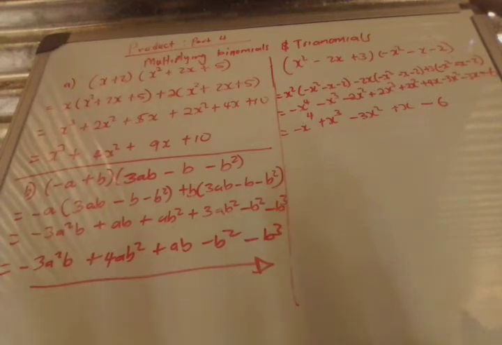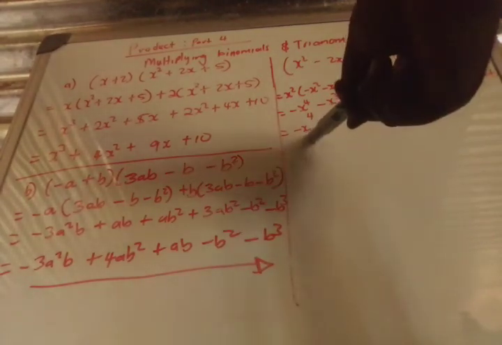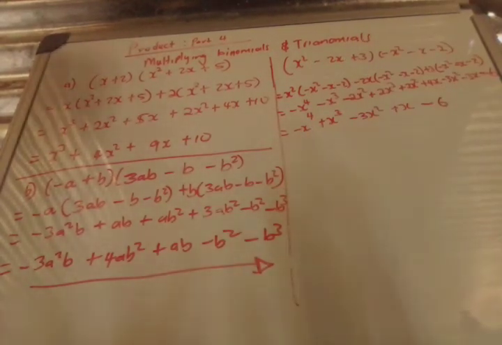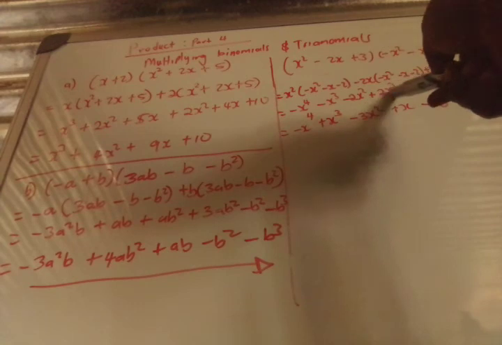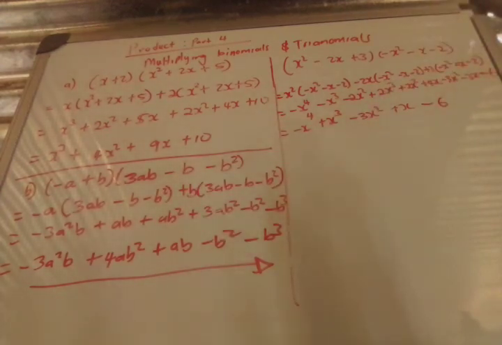Then we're just going to look for the like terms. The x to the power 4 has no like term, while for x cubed we have negative x cubed plus 2x cubed, so you just add those, it's like 2 minus 1, and you'll be left with just x cubed.